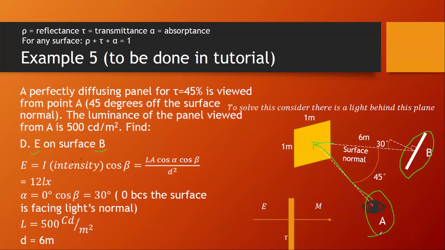Alpha was the difference in angle between the normal of the surface and my eye, on the viewer. We have this new concept of beta, which is the angle between the normal of surface A and the normal of surface B.